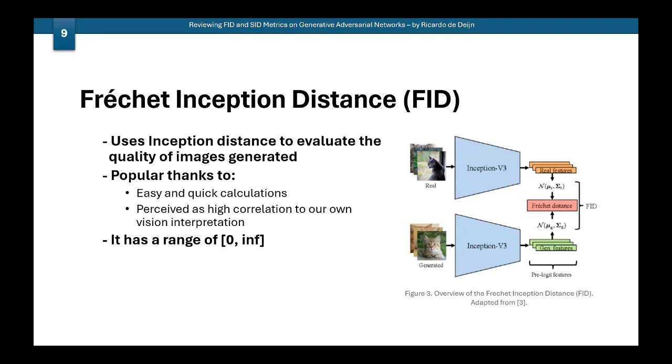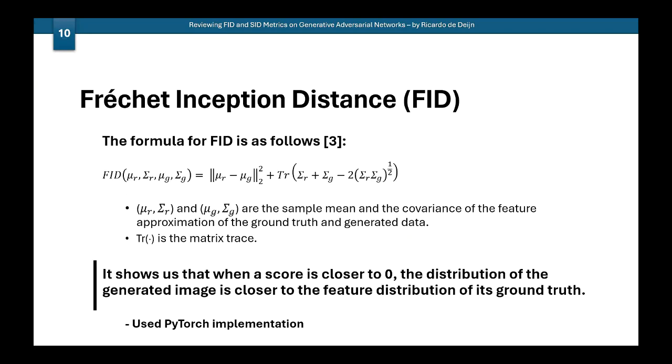So we have FID that uses this formula to calculate the distance between the two distributions. And it shows us the closer to 0 means that the distribution of the generated image is closer to the distribution of the ground truth.